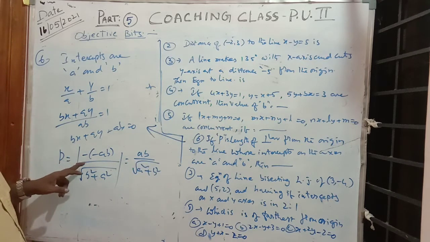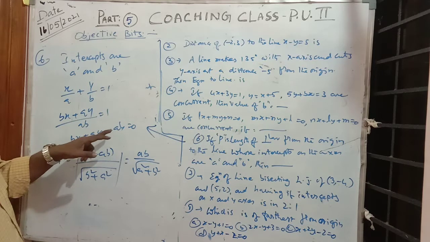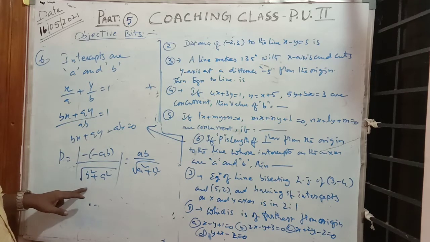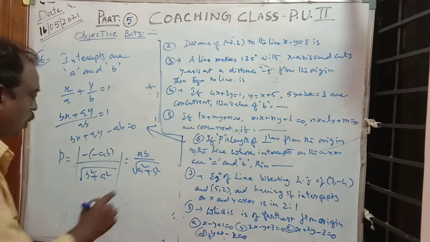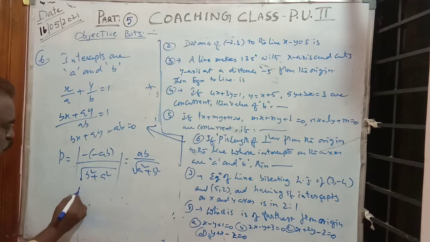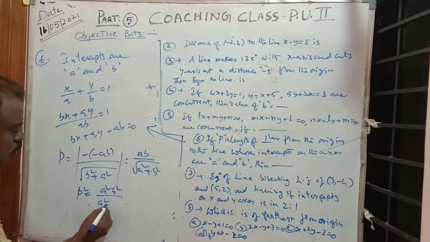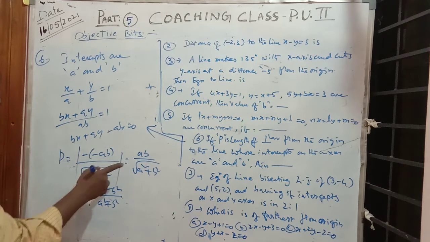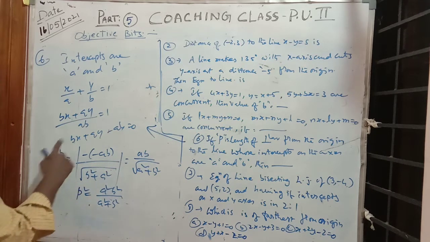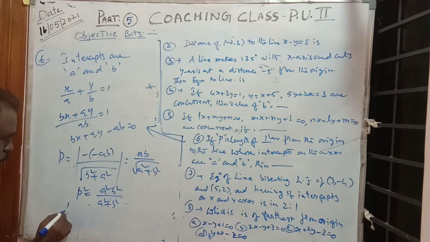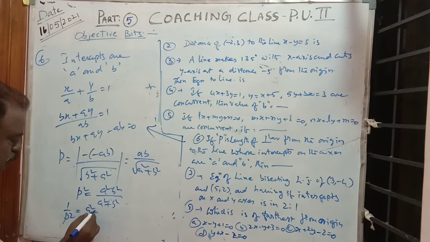Is this clear now? Minus C by root of A square plus B square, the formula is there. Now what is P square? It is a square b square by a square plus b square. You see here, I am taking the squares on both sides. 1 by p square is equal to a square plus b square by a square b square.